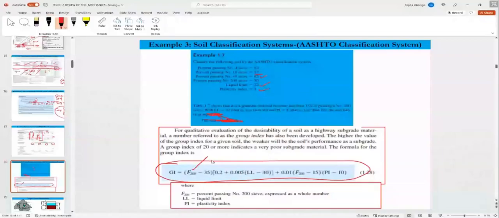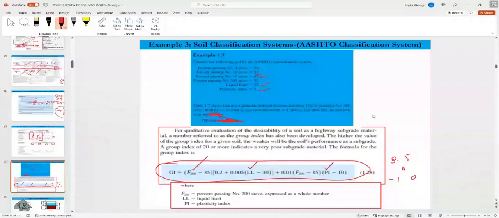If it's 35%, put 35, or if 100%, put 100. So the group index is given by that formula. That's the plasticity index. So then you need to calculate the group index. If you find a group index as 5, you round it to 4. If you calculate a group index of negative 1, it's 0. Okay, put it as 0.